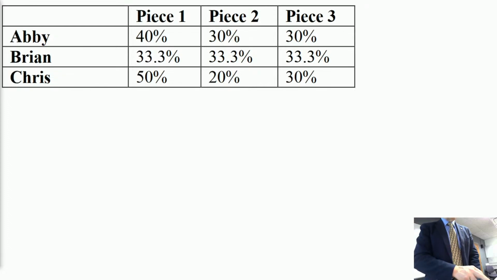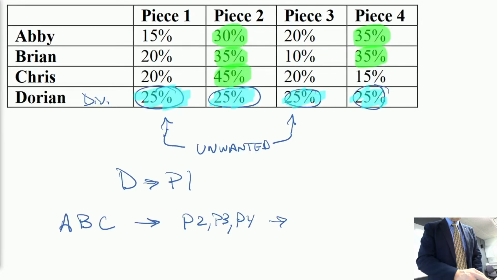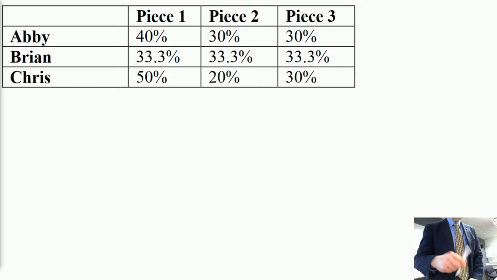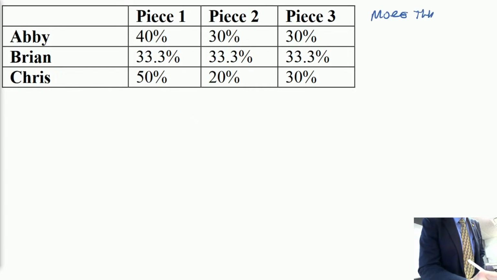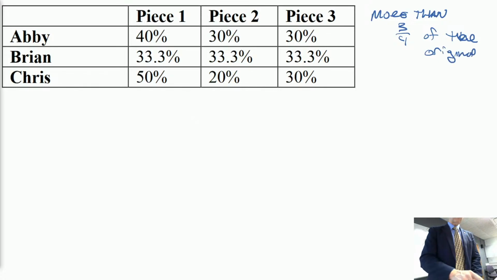Now, once again, the important thing here is that you've gotten rid of less than 25%. So what you've got here is more than 3/4 of the original. Everybody thinks that this is more than 3/4 of the original, what we're going to be dividing up here.